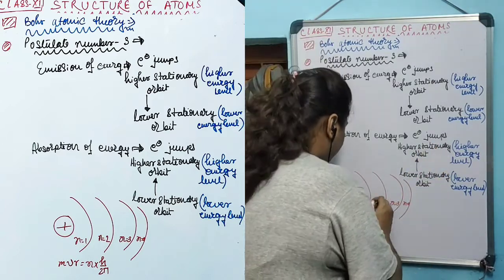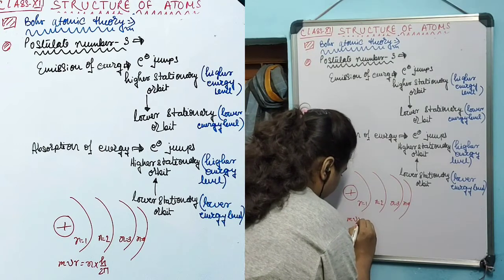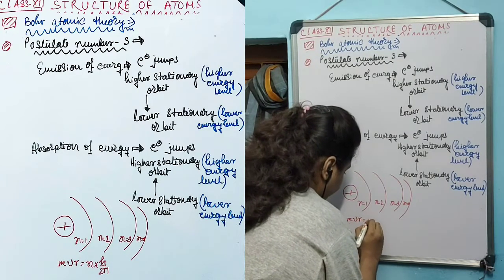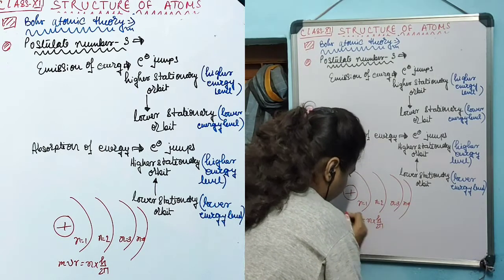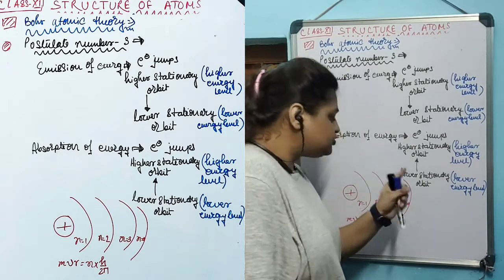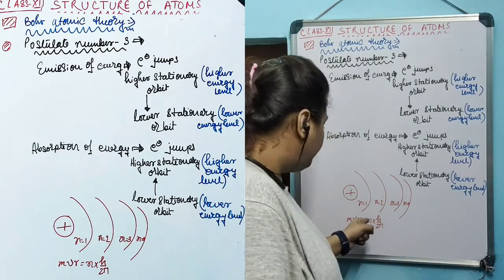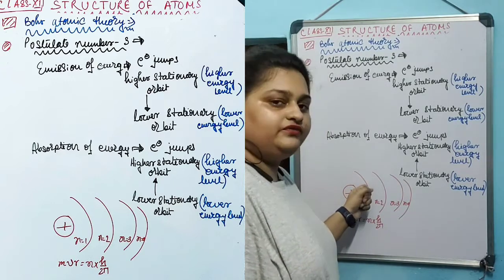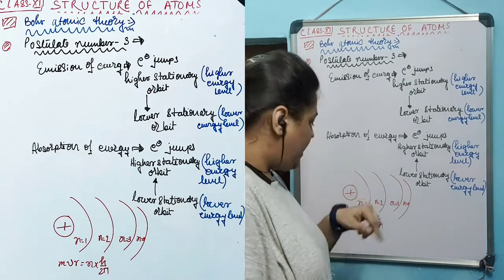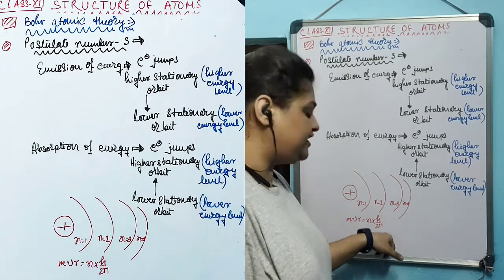During the revolution, the angular momentum of this electron will be mvr equals n times h by 2 pi. We can find out the angular momentum for each revolution in each path by just placing this quantum number value. Like if the electron is revolving in the first circular path, mvr1 equals 1 multiplied by h by 2 pi.